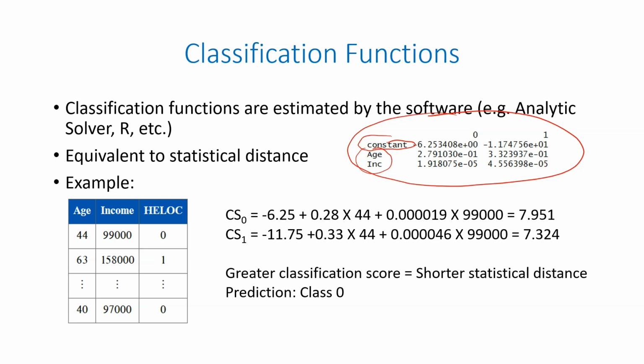For example, the classification function for class 0, which is the non-response class in our example, has the constant value of -6.25 and coefficients of 0.28 and 0.000019 for age and income respectively.